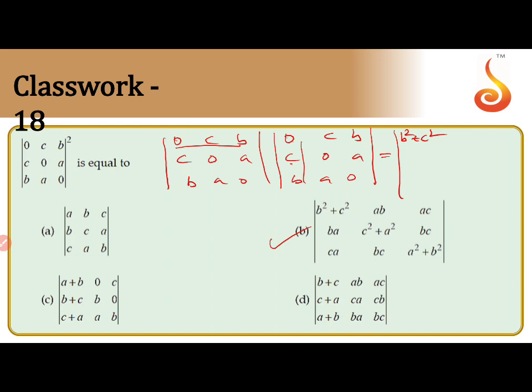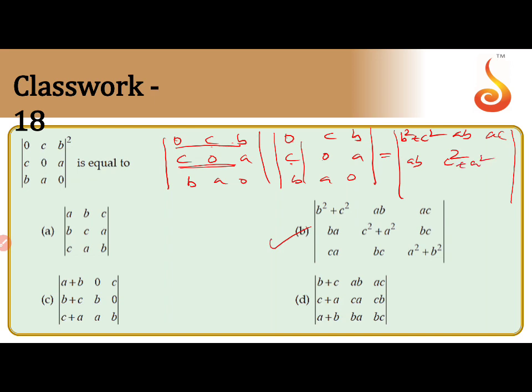0 into C, 0, 0, AB. We'll get AB. Next, this one with this one, 0, CA. Next is B into 0, 0. That is the first row. Second row with first column, 0, 0, AB. Next, second row with second column, C square. Next, 0 A into A square.